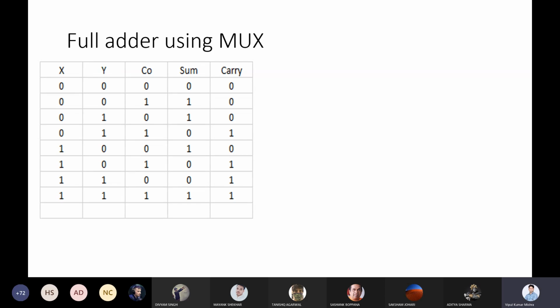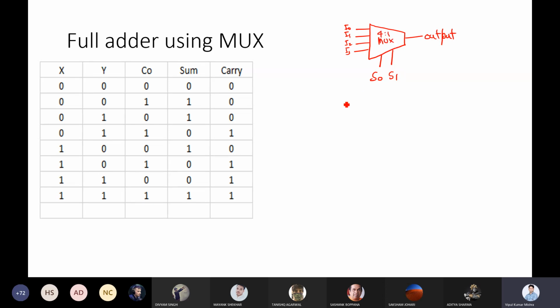So let's first recall the multiplexer. What was the multiplexer? Then we can figure out how to make a mux based design. So let's say I have a multiplexer with two selection lines, S0 and S1, and inputs I0, I1, I2, and I3, and here we'll have the output.